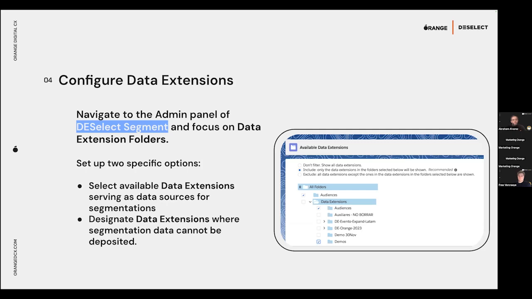If you don't ever want to be able to target a data extension, you should mark it as exclusion. So, for example, if you have a general source of data, then it's going to be selected as my available data extension, but I'm going to exclude it because I never want to target it, I never want to write to it or update it in any way.